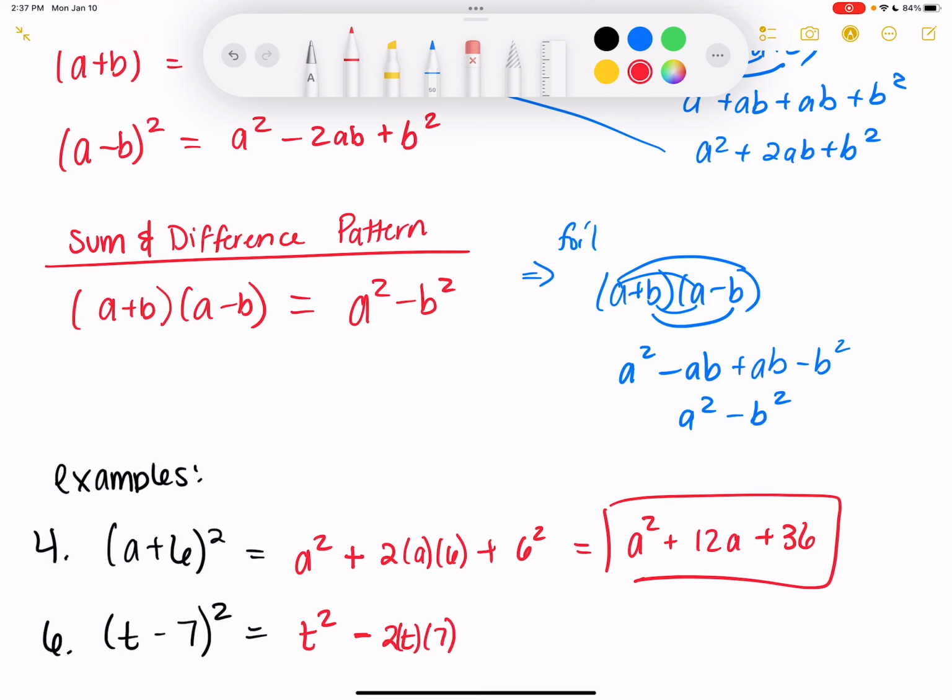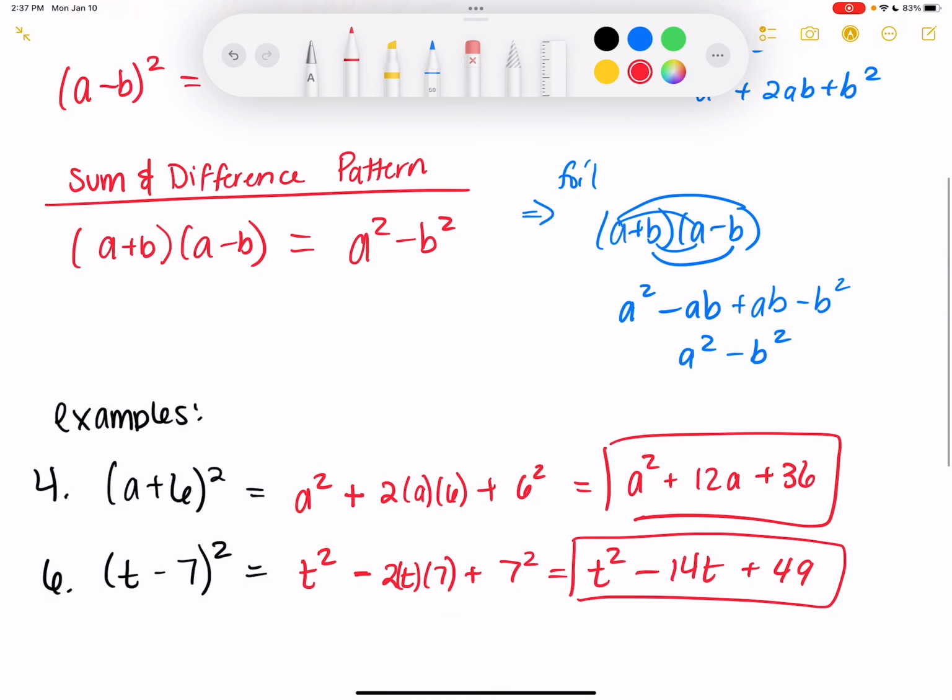Okay, and the signs don't go with them. It's just the numbers that are in those spots. And then plus b squared, 7 squared. So then that simplifies to t squared minus 2 times 7 is 14, so 14t plus 7 squared is 49. So there's that one.